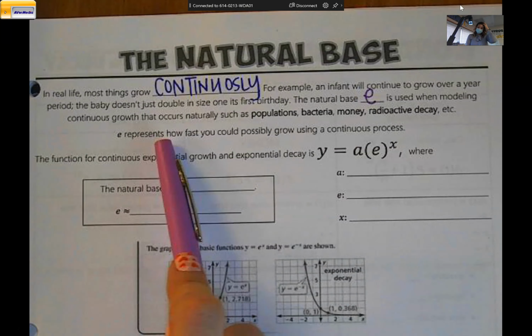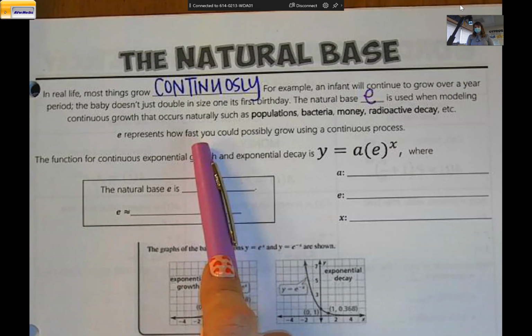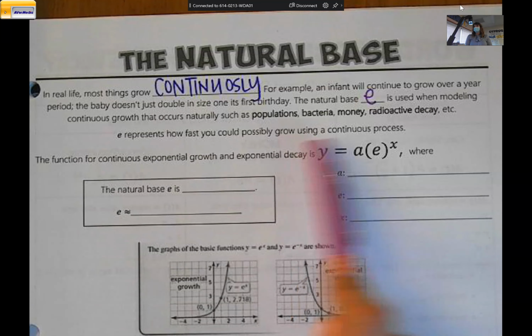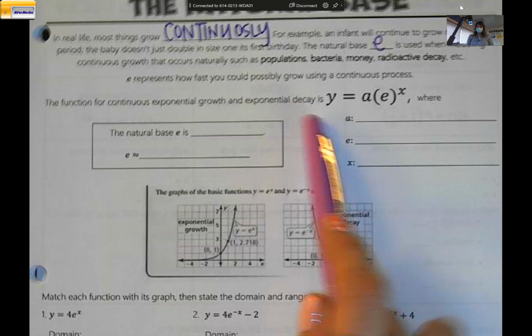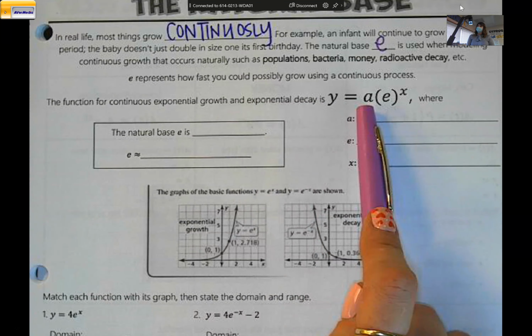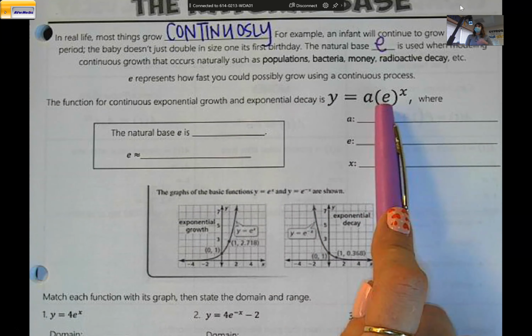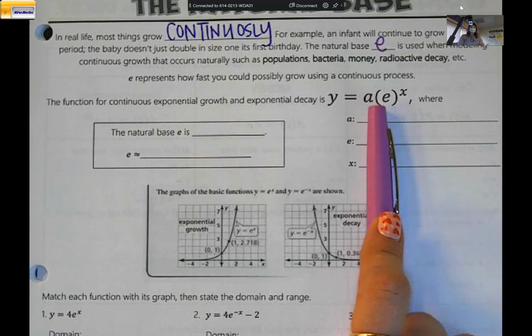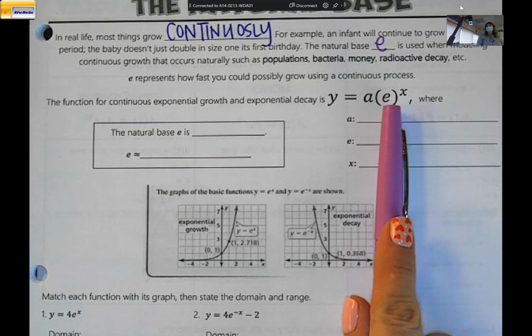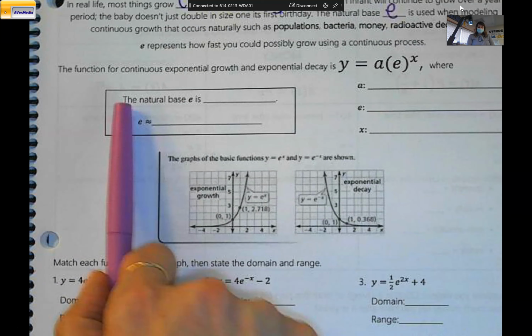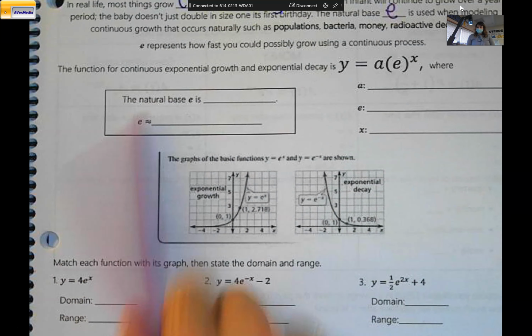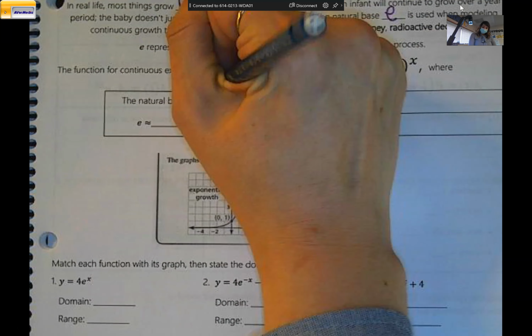E represents how fast you could possibly grow using a continuous process. So notice how similar it is to the last function. The only difference is in the parentheses is the letter E, and it will always be E. So the natural base in this little box is irrational.